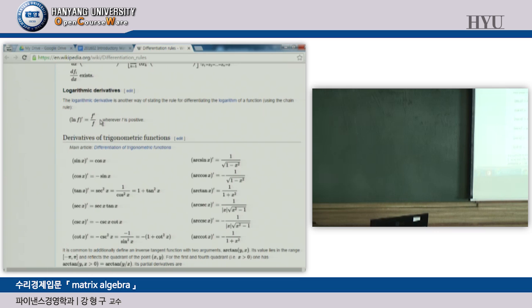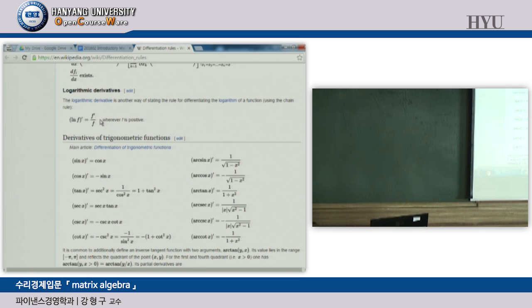If you know these two, you can derive all the others. And this is intuitive. Sine x is an increasing function, so the derivative at first is like 1, and at the top it is 0, so it is a cosine function. But cosine slopes down, so it should be minus sine.